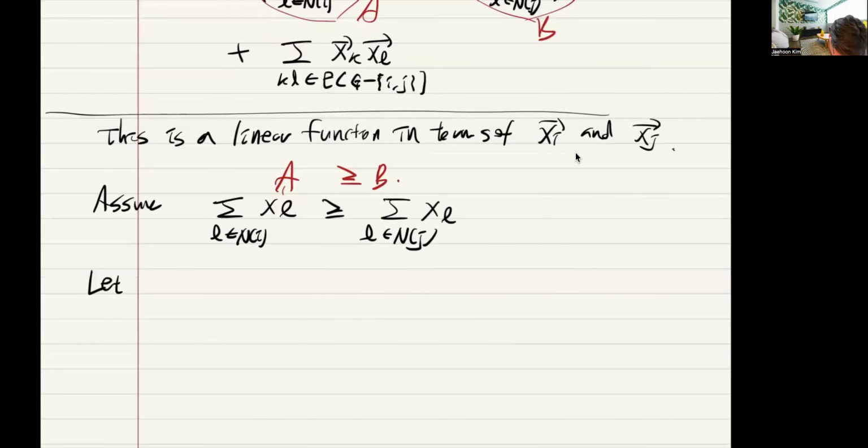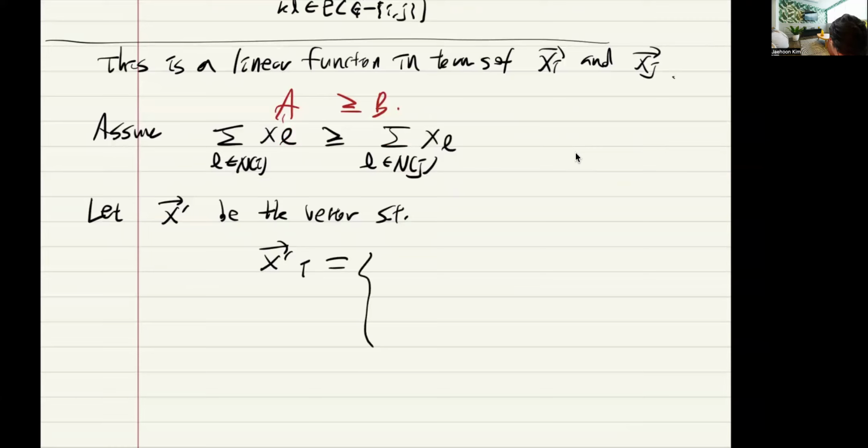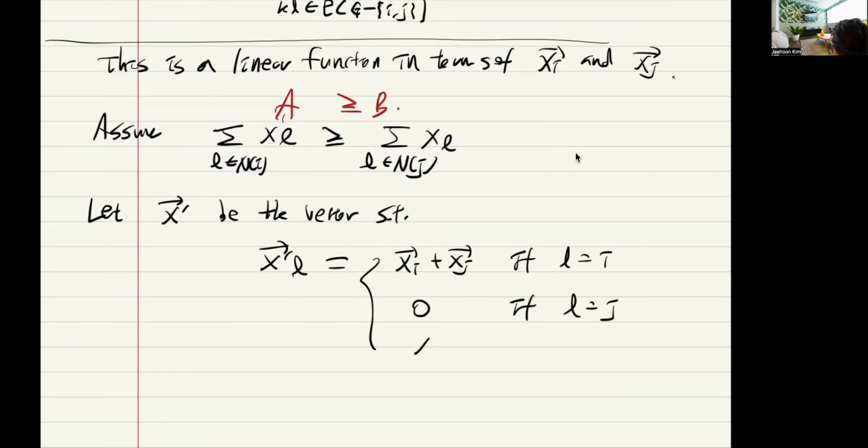And consider x prime to be the vector such that x prime's L coordinate is xi coordinate plus xj coordinate if L is i, and 0 if L is j, and it's the same otherwise.